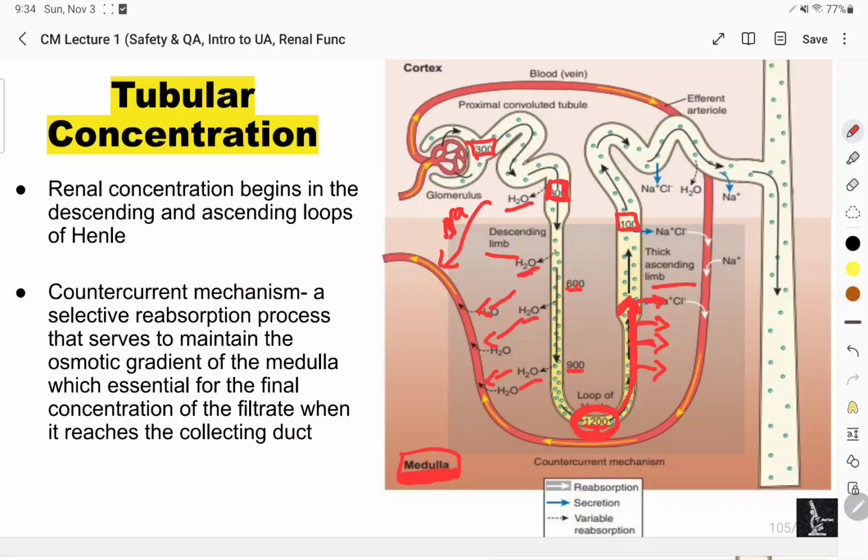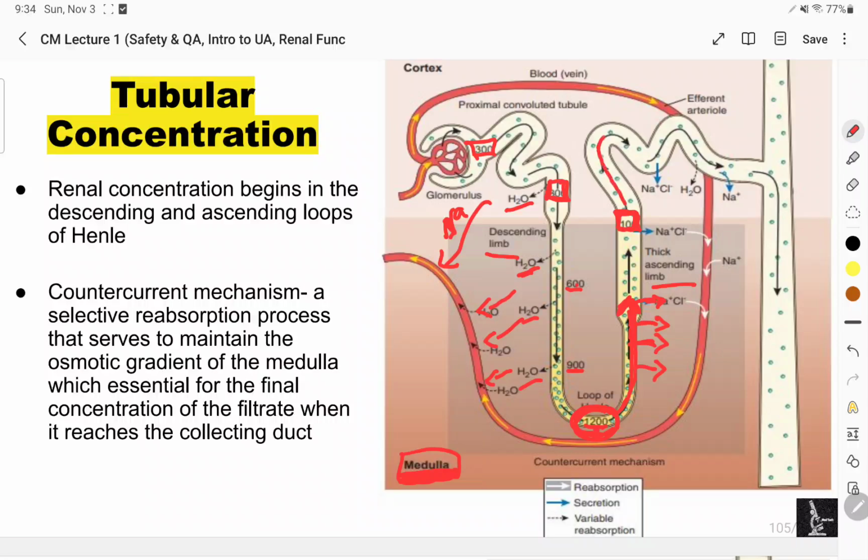Descending loop of Henle, puros ra tubig. Okay, puros tubig, so na-dilute ang medulla. Okay? Para dili siya magpabilin nga diluted, pag-abot sa ascending loop of Henle, si sodium na ang gawas. Si water wala na kagawas. So nibalik ang lasaw ang filtrate. And then ang medulla nibalik siya sa iyang osmotic gradient, which is very important for the final concentration of urine.